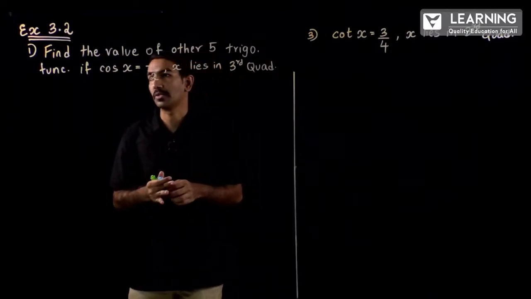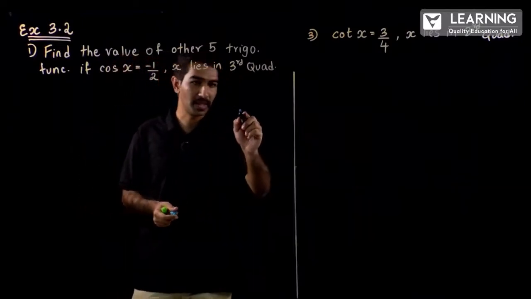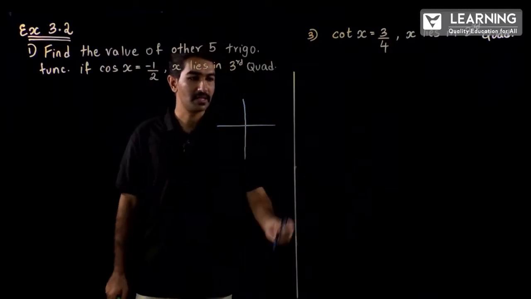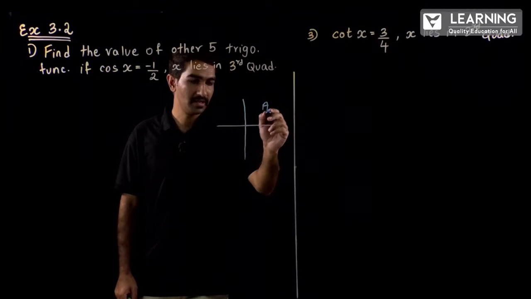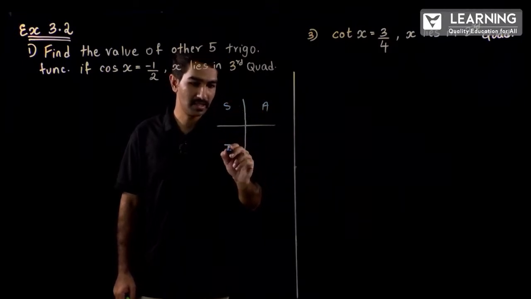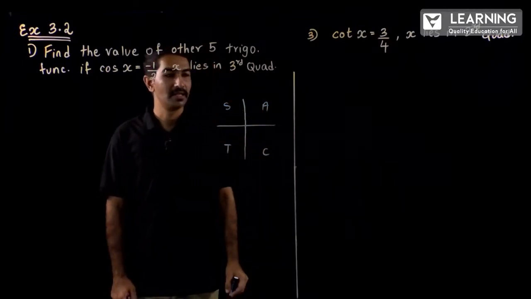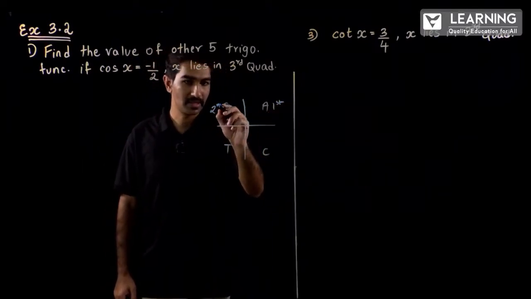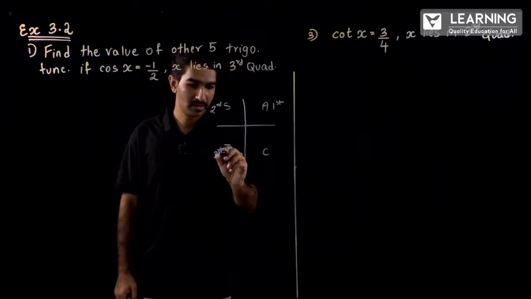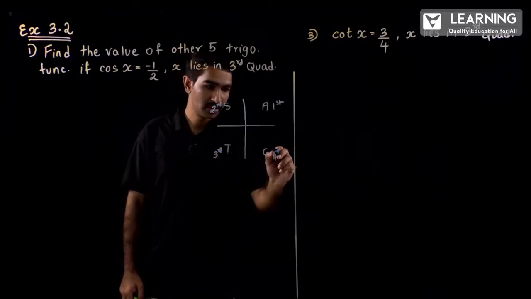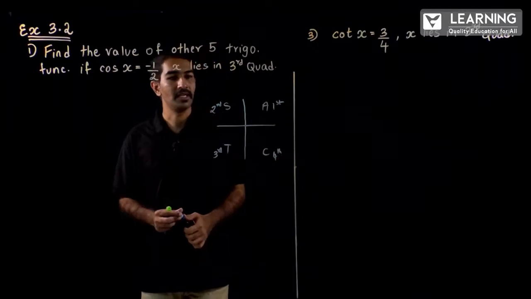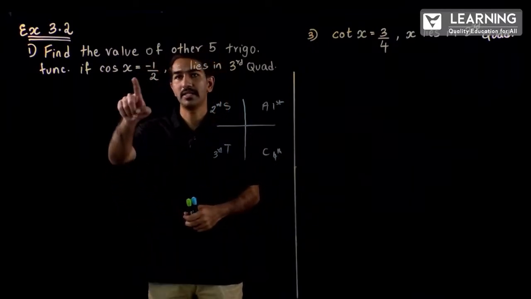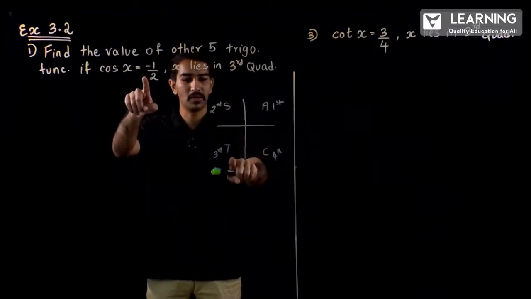Before we start with this question, students, we'll just have a very quick look at our ASTC rule. Here we have A, S, T, C. This is the first quadrant, second quadrant, third quadrant, and this is the fourth quadrant. Now what they're telling here is cos x is equal to minus 1 by 2 and x lies in the third quadrant.